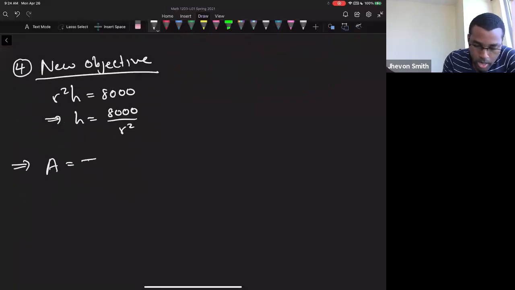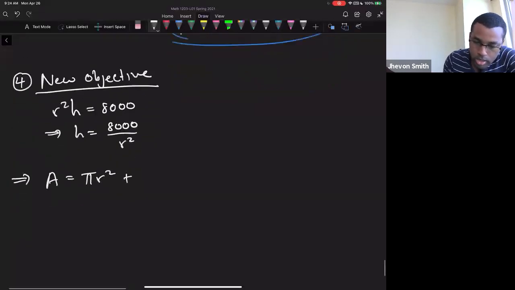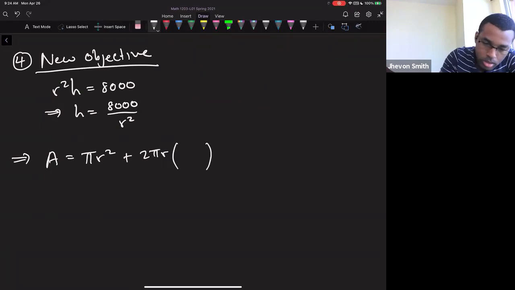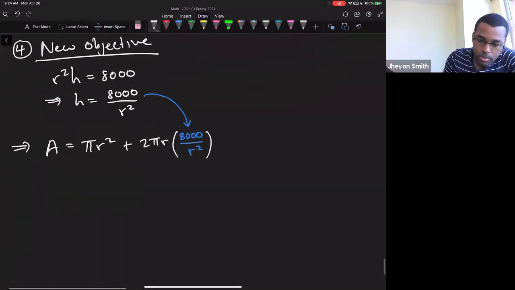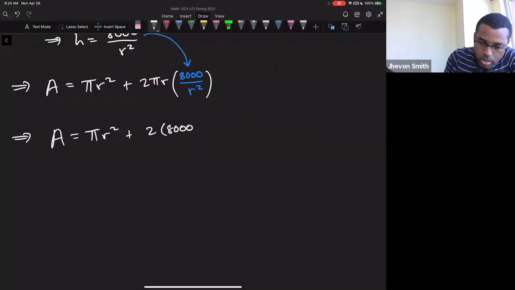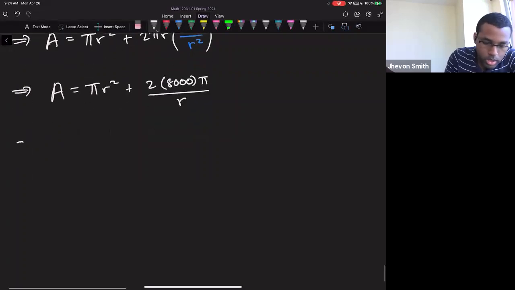So it's going to be pi r squared plus 2 pi r h. So this means our area is pi r squared plus 2 times 8,000 pi over r. Move on to step 5.